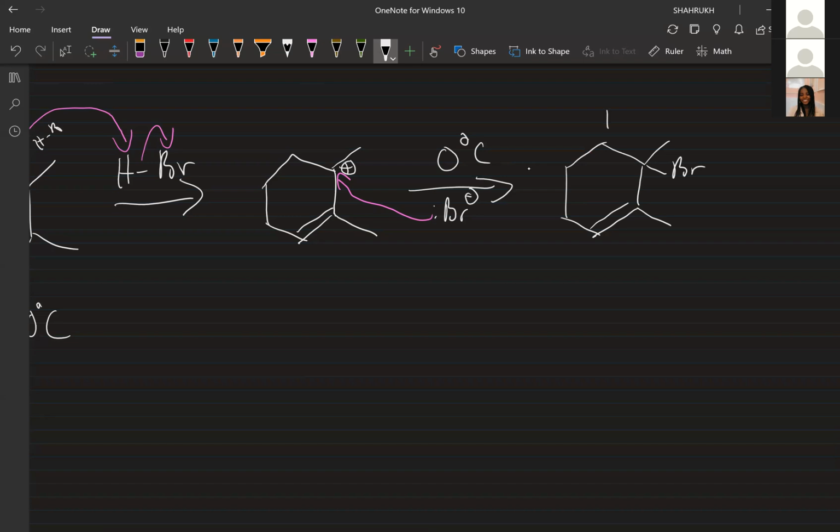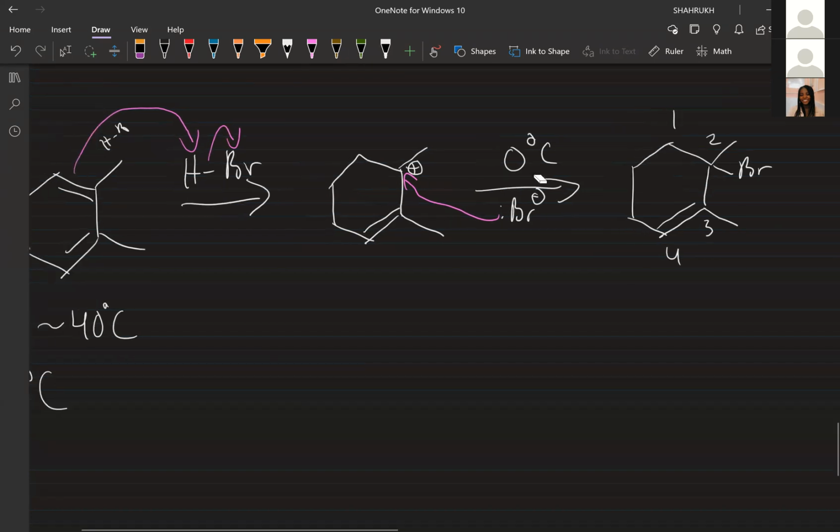So if we name this 1, 2, 3, 4, this is called a 1,2 adduct, because it is essentially adding a proton at position 1, and then the nucleophile in this case was added at the 2 position. So you have a 1,2 addition here.